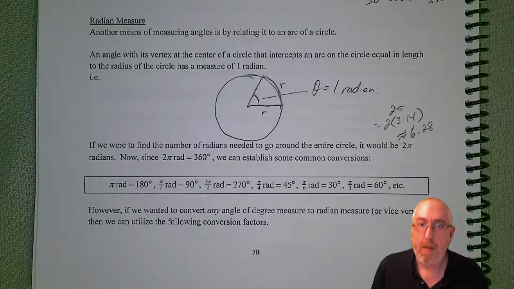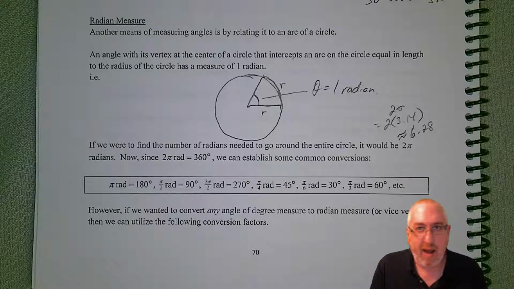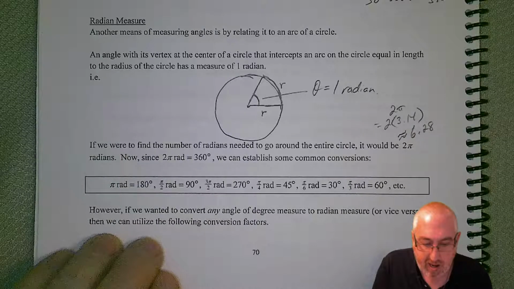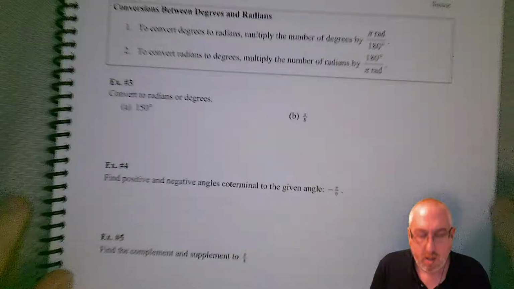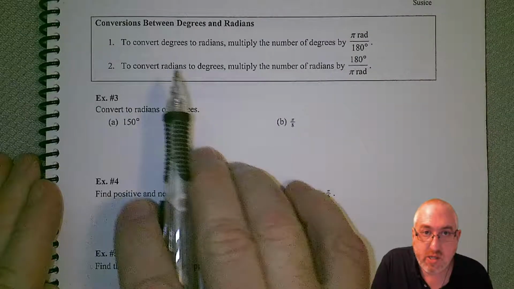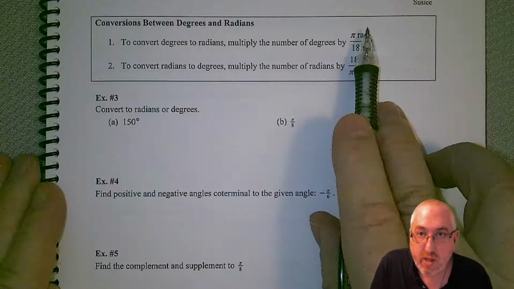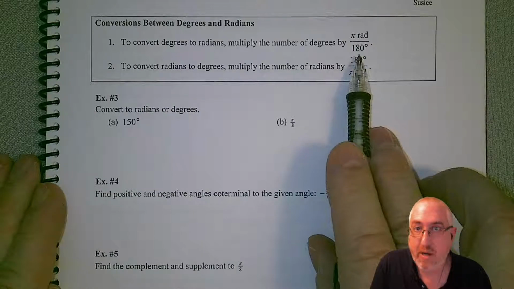But what if you wanted a conversion for any angle or any radian measure back into degrees? How would we do that? Well, we have to use what we've established here, but let's use the easiest one. To convert between degrees and radians, we can use this relationship that pi radians is 180 degrees.